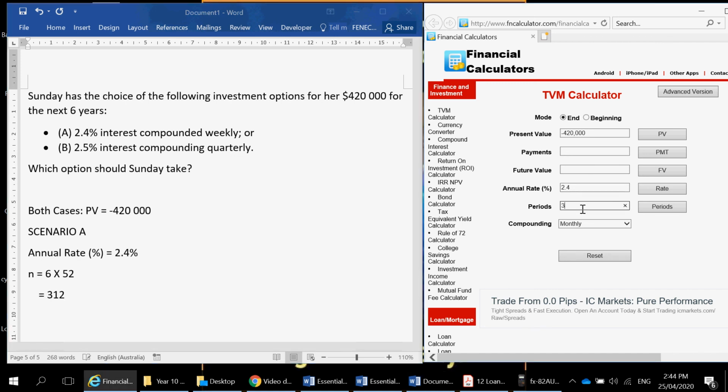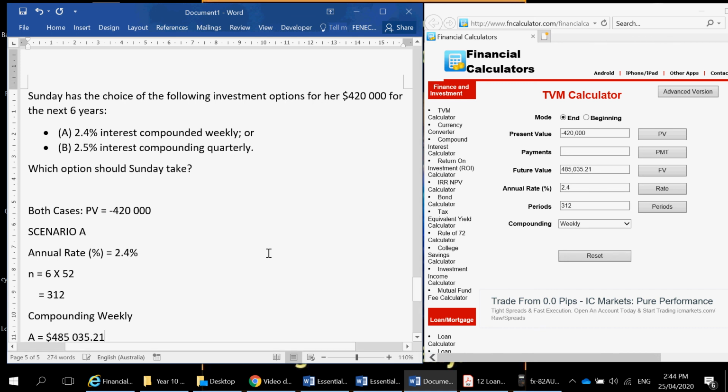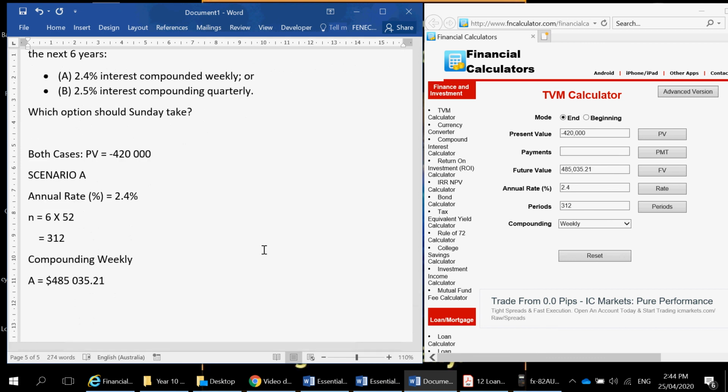So 312 time periods, and it said it was compounding weekly. And out of that, we will get A, the final amount, of $485,035.21.